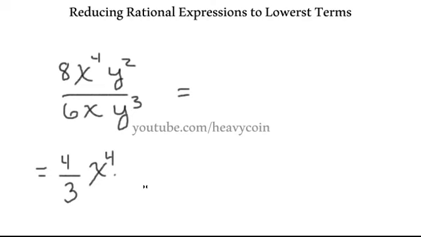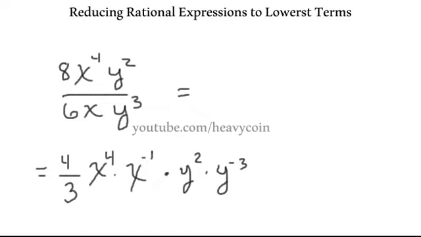We took this up into the numerator, and because this is to the first power, if we take it into the numerator, it's the negative of whatever the power is down here. So taking it to the top, it becomes x to the -1. Then we'll do that with this y squared: take this into the numerator, and it becomes y to the -3rd.